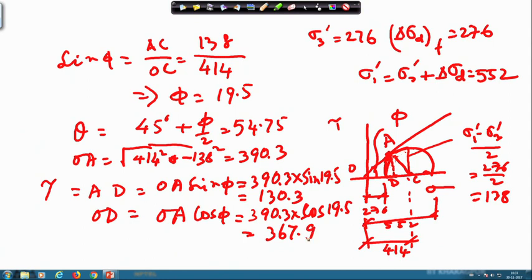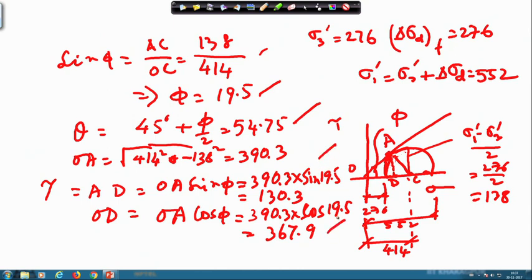So, that means by the help of the Mohr circle I could get the phi value, the inclination of the plane, and the normal and shear stress on that plane.